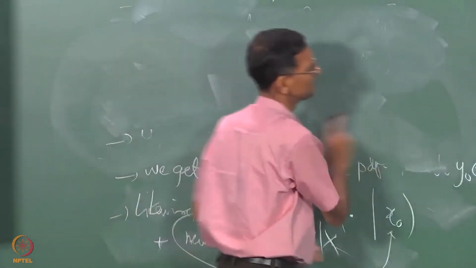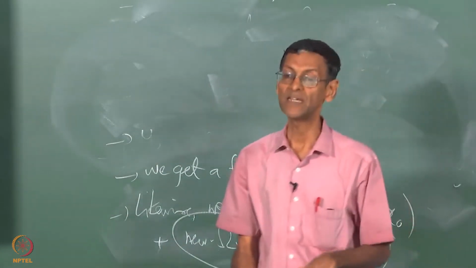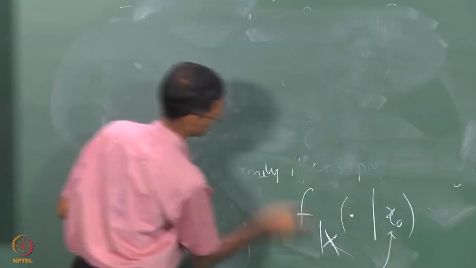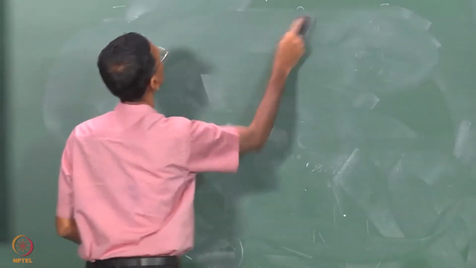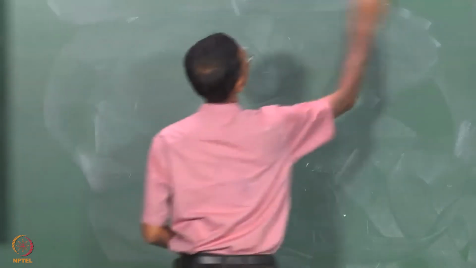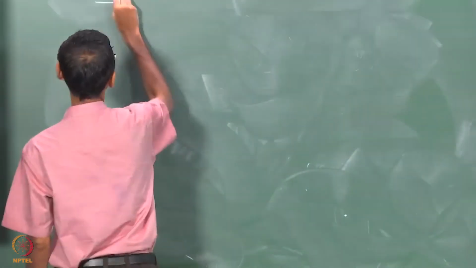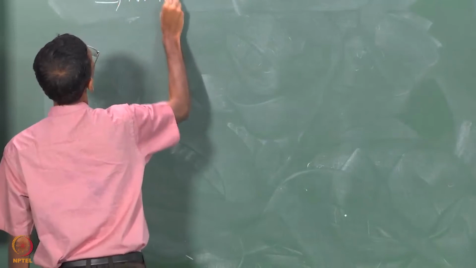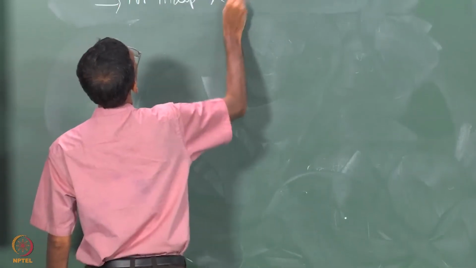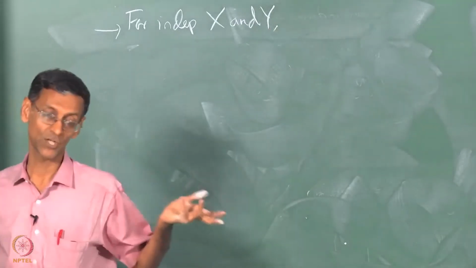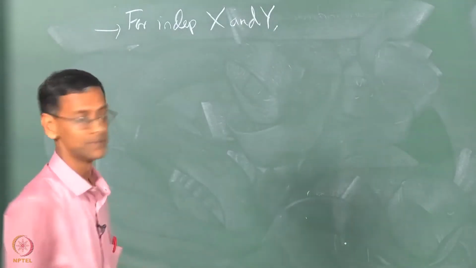What about the important case of x and y being independent random variables? What happens then? Start from that. So, for independent x, y, observing makes no change at all. That should be obvious.